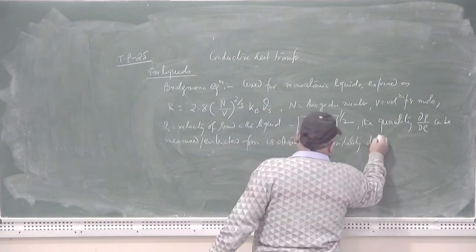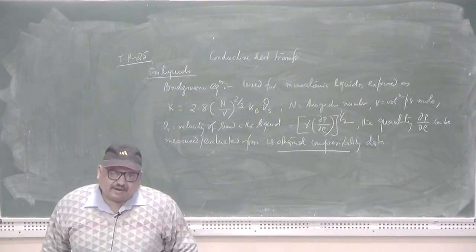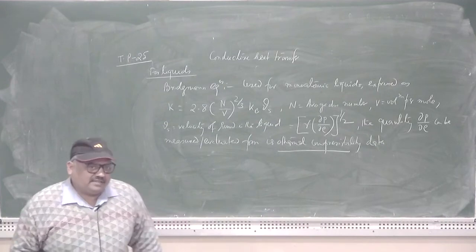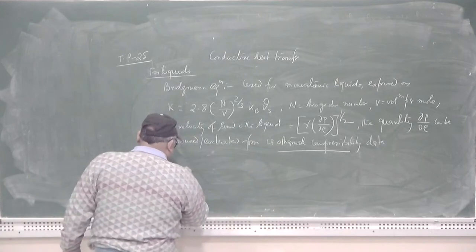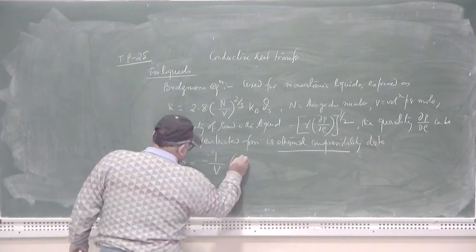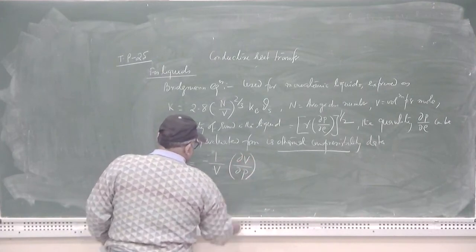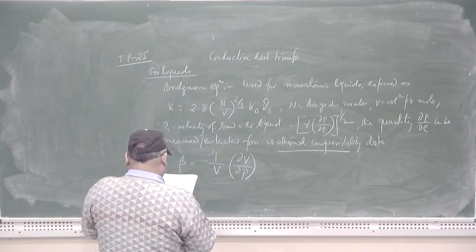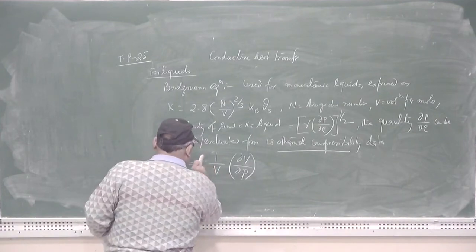This isothermal compressibility is an important term which we will frequently encounter in the transport phenomena course as well as the transport phenomena practical. This thermodynamic quantity is defined as beta is equal to minus 1 upon V, delta V upon delta P at constant temperature.